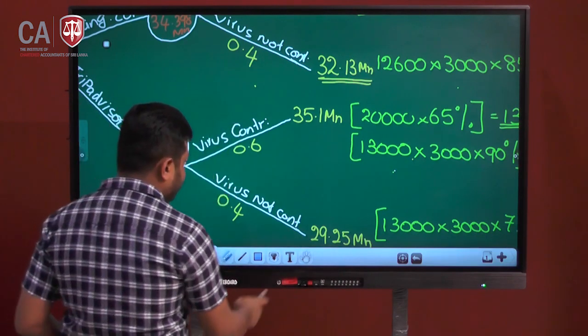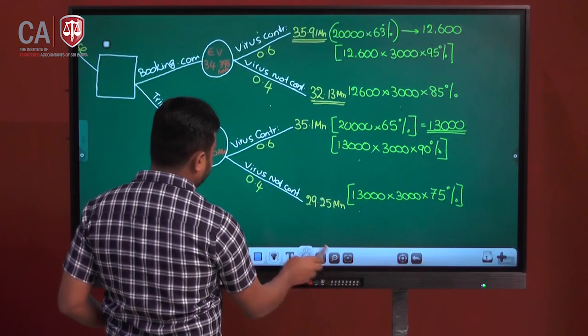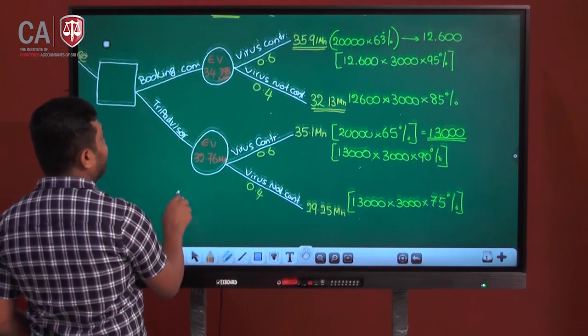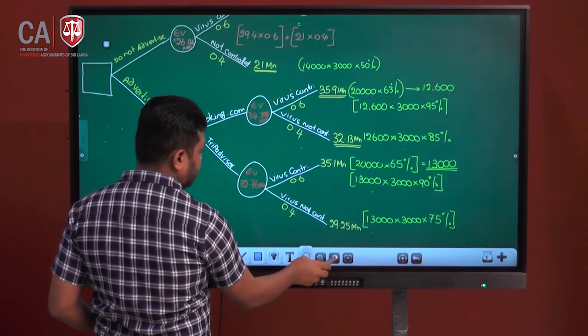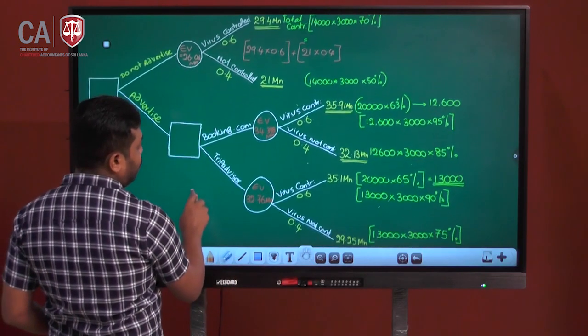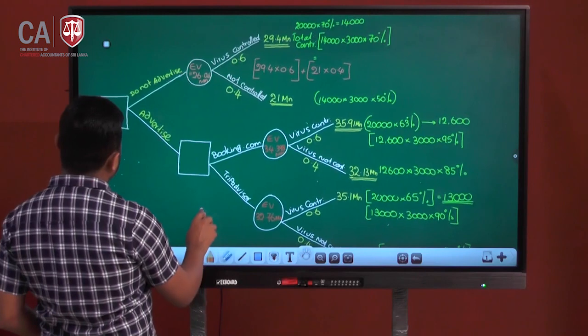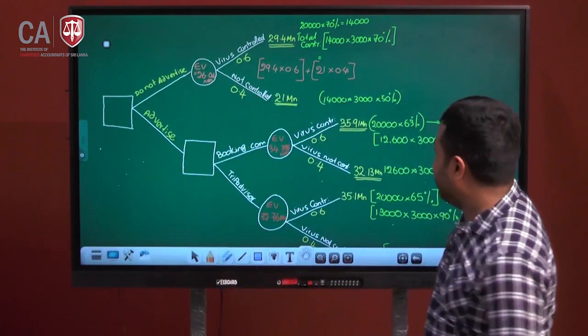Now I think you can see all the options.